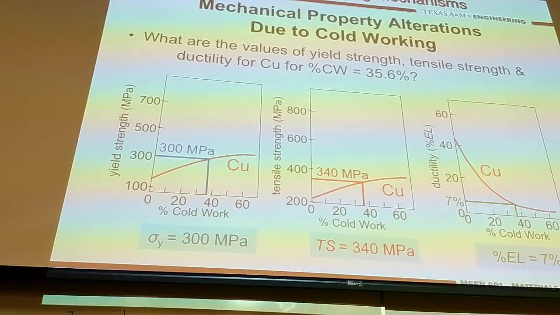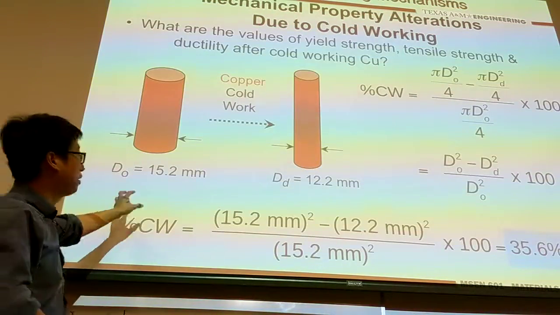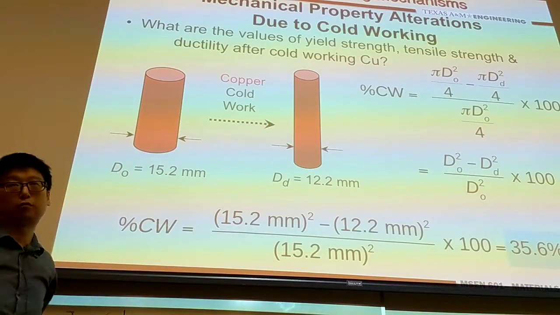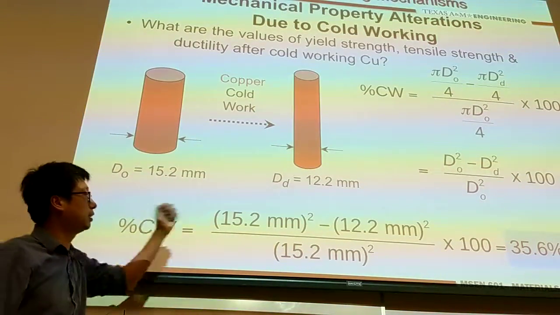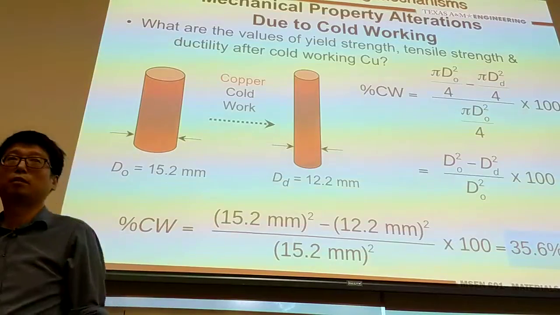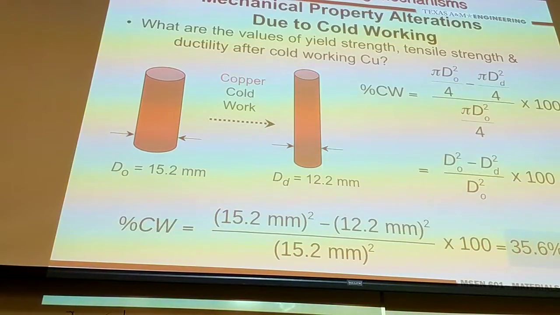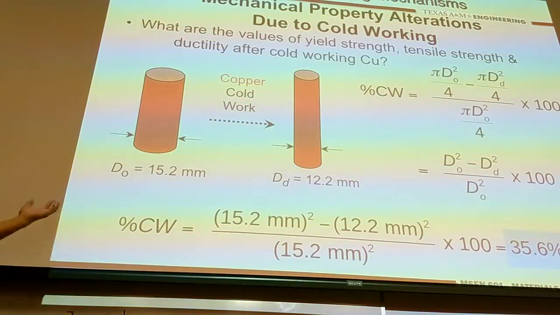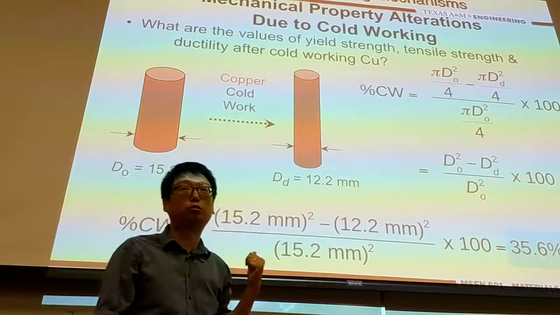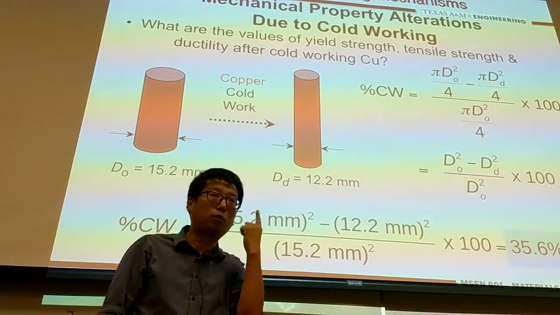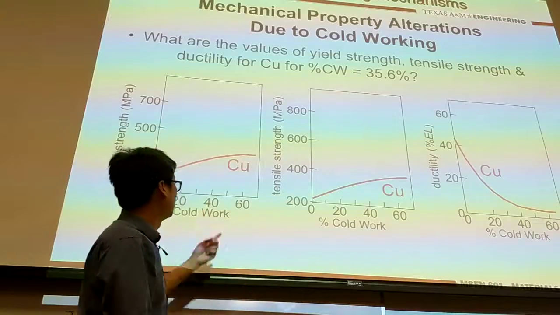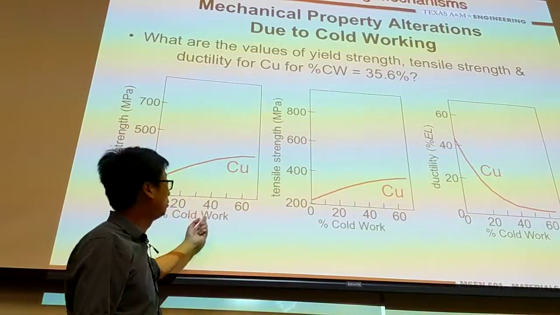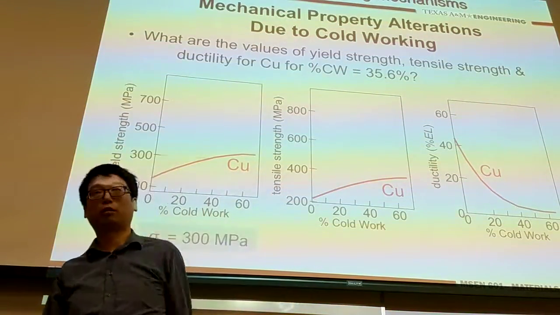However, starting with this original shape, if I give you a raw sample you bought somewhere, what will happen is that if you just apply one step, you always get fixed properties. If you, for example, reduce from 15.2 to 12.2 with only one step of cold work, with a fixed amount of cold work, you will always get exactly these 3 points.